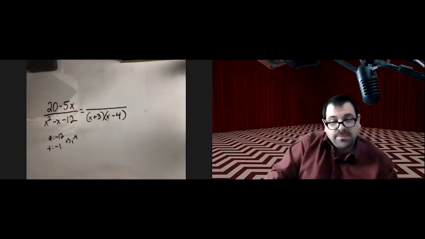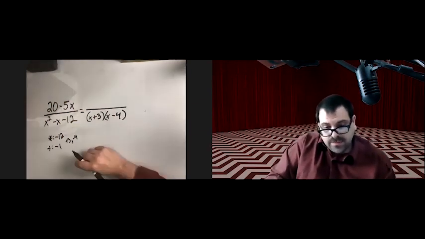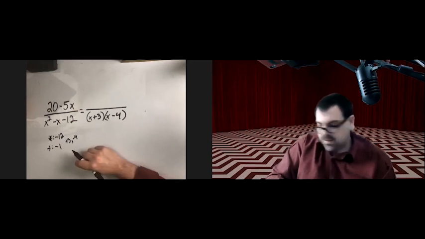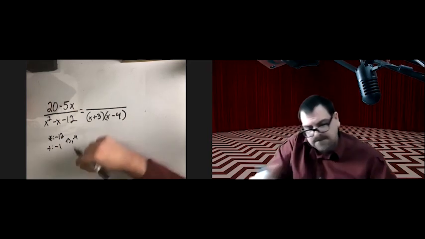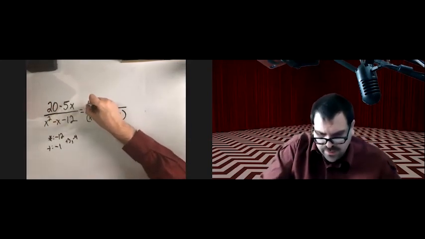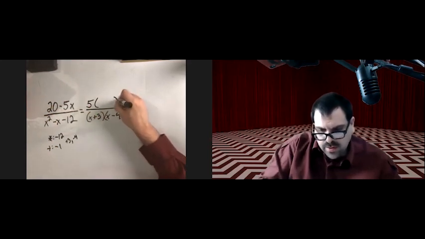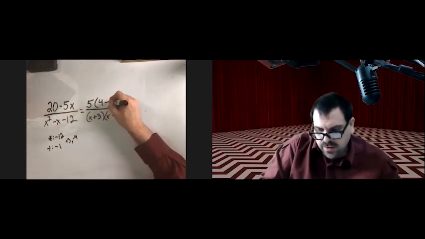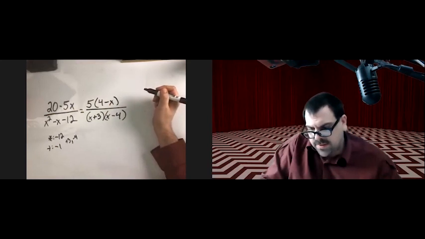On the top, 20 minus 5x, we can factor out a 5, and that leaves us with 4 minus x.